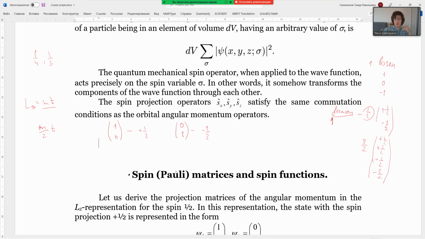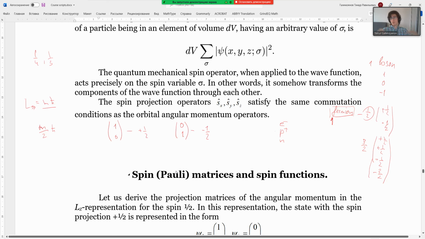Actually, all our matter is made of fermions. The electrons are fermions, protons are fermions, neutrons are fermions. So our atoms are made of fermions.